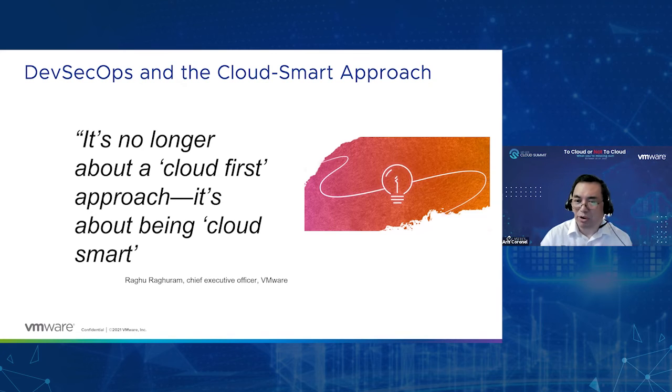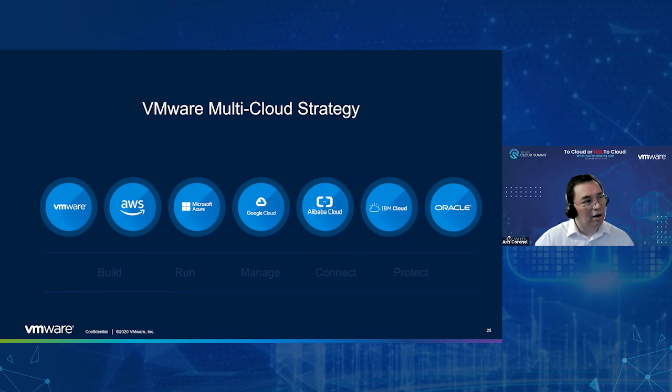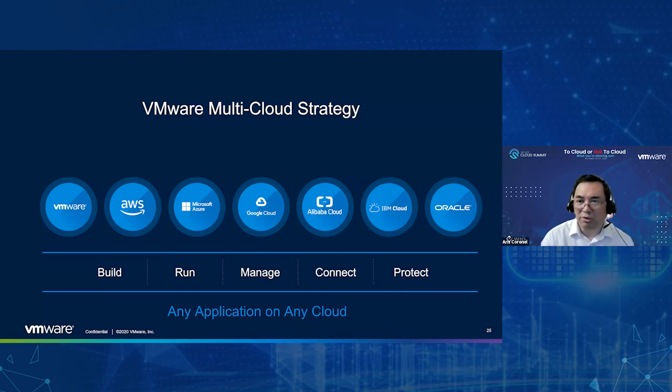Now, with VMware's cloud agnostic approach, VMware is really positioned to deliver a faster and smarter path to cloud for DevSecOps. And the good news is that VMware has partnered with all of the major hyperscalers out there, from AWS to Microsoft Azure. You have Google Platform, Alibaba, IBM Cloud, and others. And our partnership allow customers the freedom of choice.